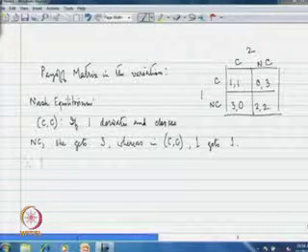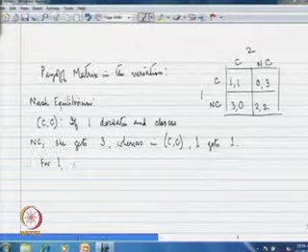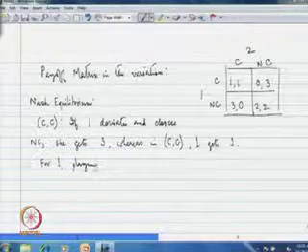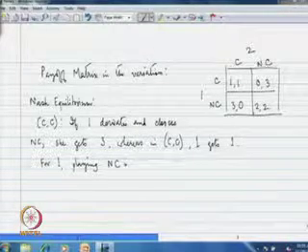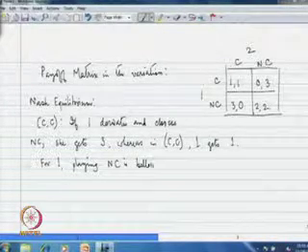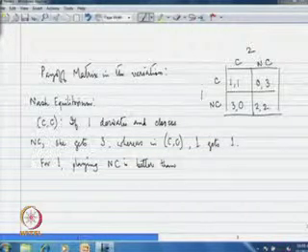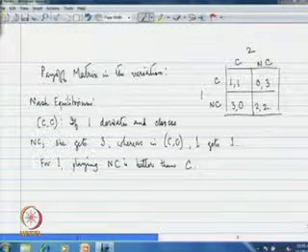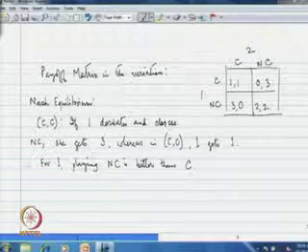So, for 1 playing NC is better than C, and this is true for the other player also.